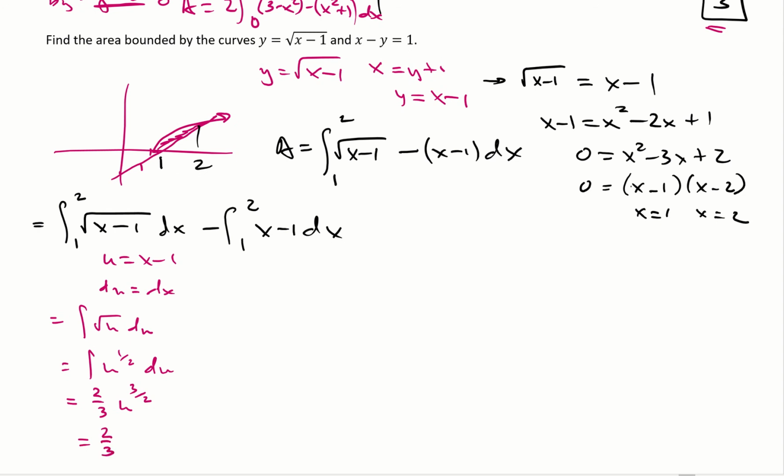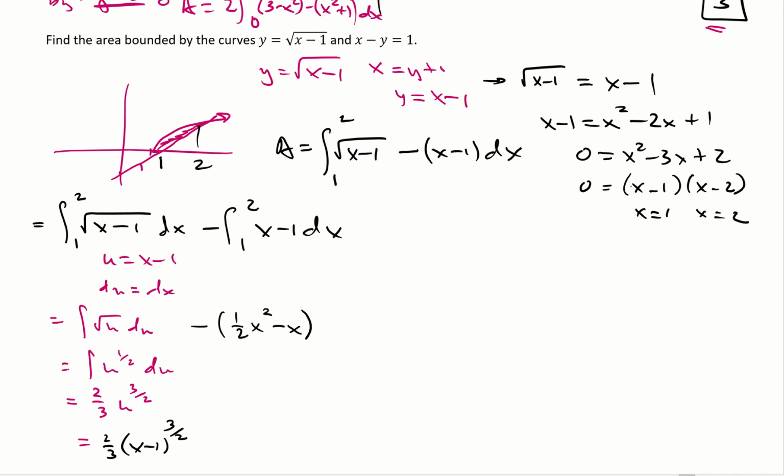And then the substitution was, in fact, I'll put this in black because we're going back to x, right? So we're going to say 2/3 and then x minus 1 to the 3/2 power. And I'm ready for the limits. Meanwhile, over here, what you've got is minus, when we integrate this guy, we get 1/2 x squared minus x, and we're just waiting the whole time, okay?